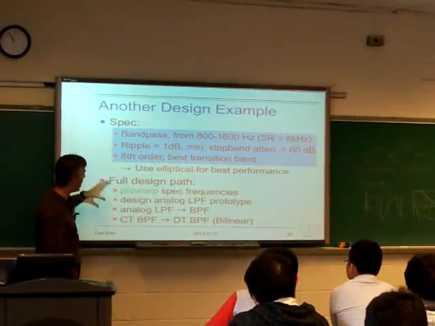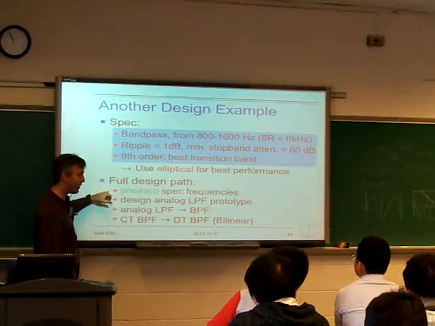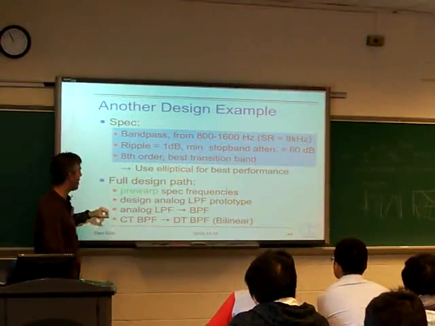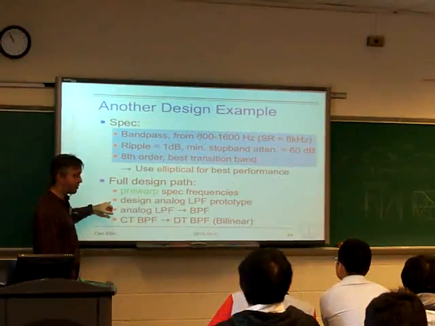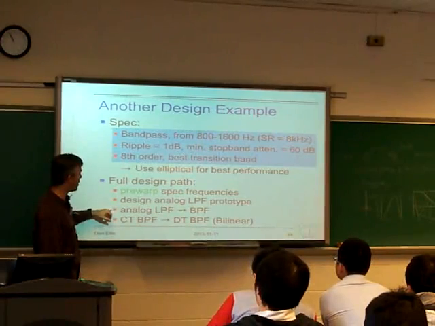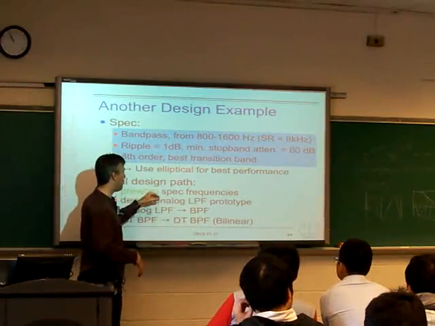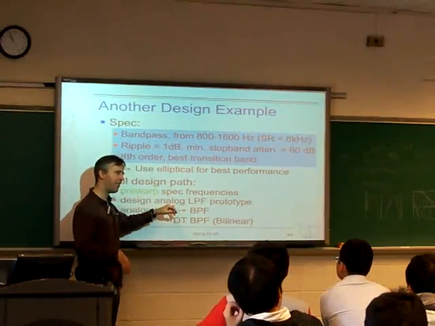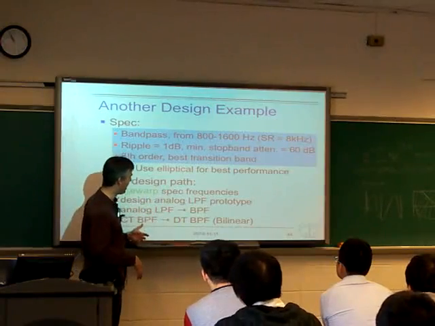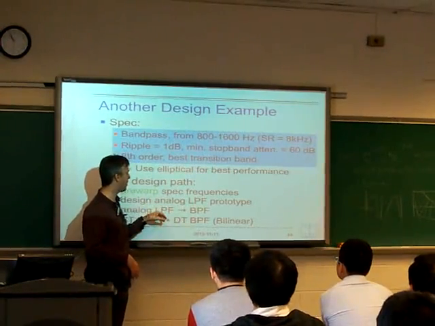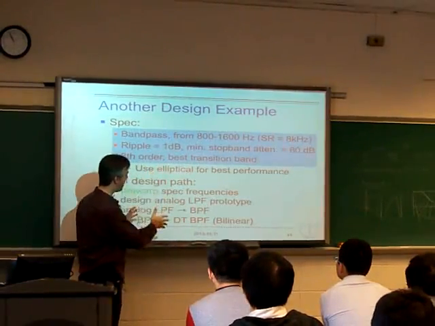From a high level, the design path is to pre-warp the frequency specification into the analog design domain, design an analog prototype, which is always a low-pass filter, do the transformation to get the low-pass into bandpass, and so when we do this pre-warping, we're going to have to figure out exactly where we want the low-pass passband edge to be, such that when we do the mapping from the low-pass to the bandpass in the analog domain, it's going to give us the right bandpass edges.